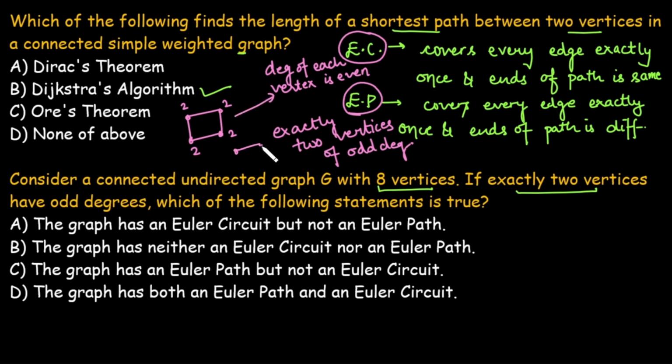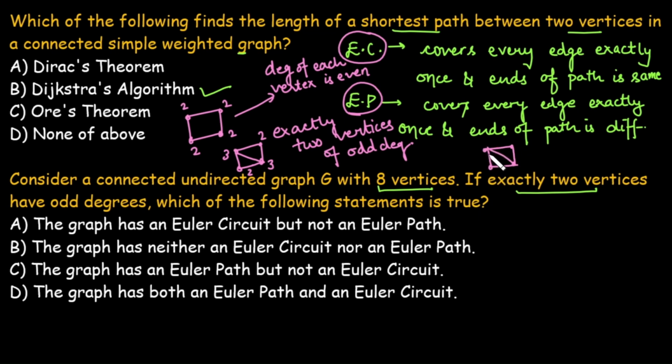Now if I take the same graph and add a diagonal here, exactly two vertices are there whose degree is odd. Now does it have an Euler path? Yes. Can you cover each and every edge without lifting the pen, and the end points are different? Yes. How? We can take an edge first this, then this, move to the first one, then the fourth, then the third.